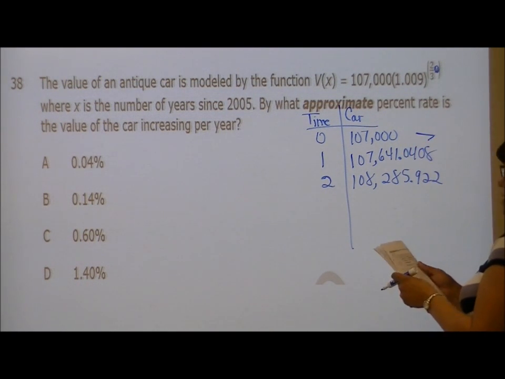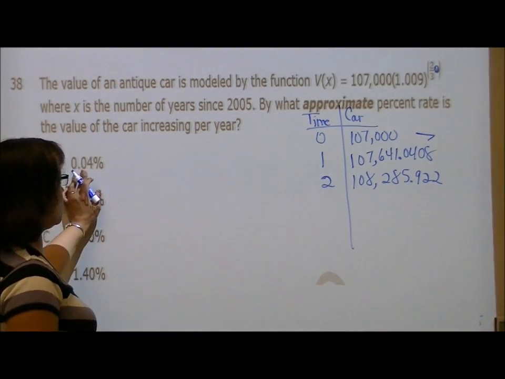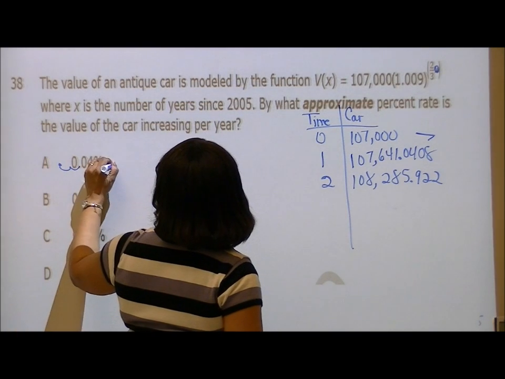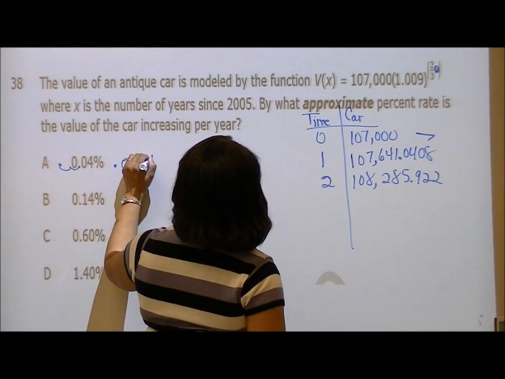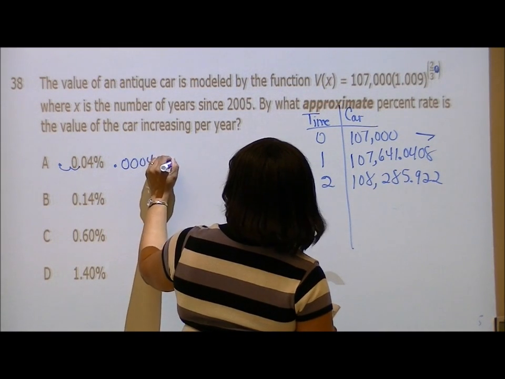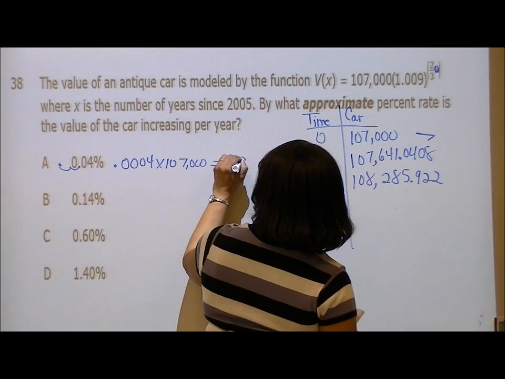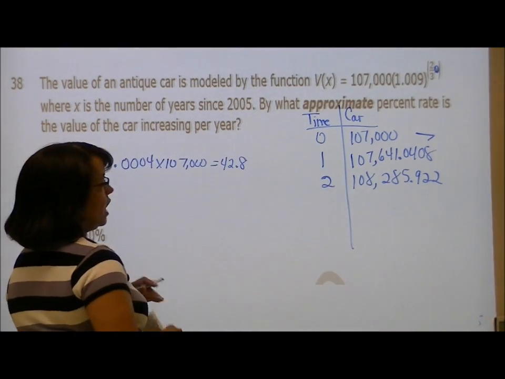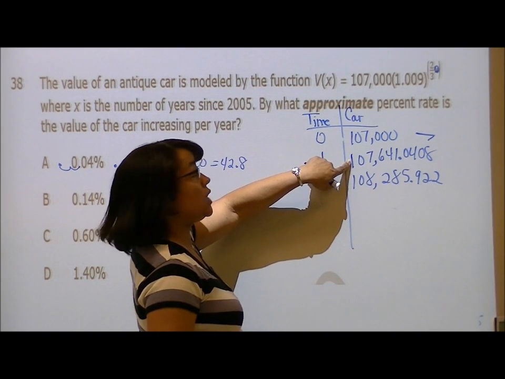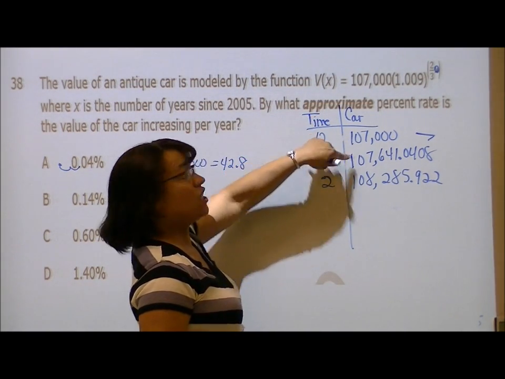So what I did was I changed these to decimals, because even though they look like decimals, they're not, because it says percent. So you have to go 2 places to the left. So it's 0.0004 times your initial value, which is 107,000. I get 42.8. Okay, so it's telling me to get from here to here, I just add 42.8, which is not true, because I went all the way from 107,000 to 107,600.